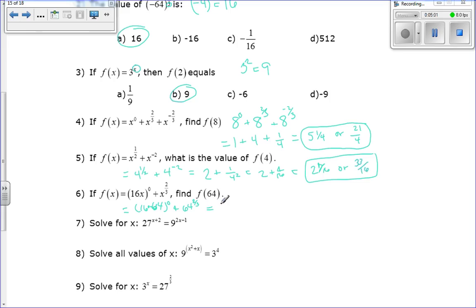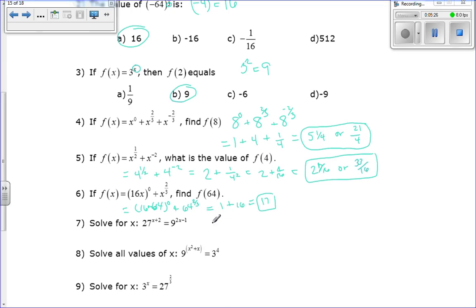And anything raised to the 0 power is simply 1. Plus 64 to the 2/3. I can take the cube root of 64 first, which is 4, and then 4 to the second power is 16. So I just have 1 plus 16, which is 17.